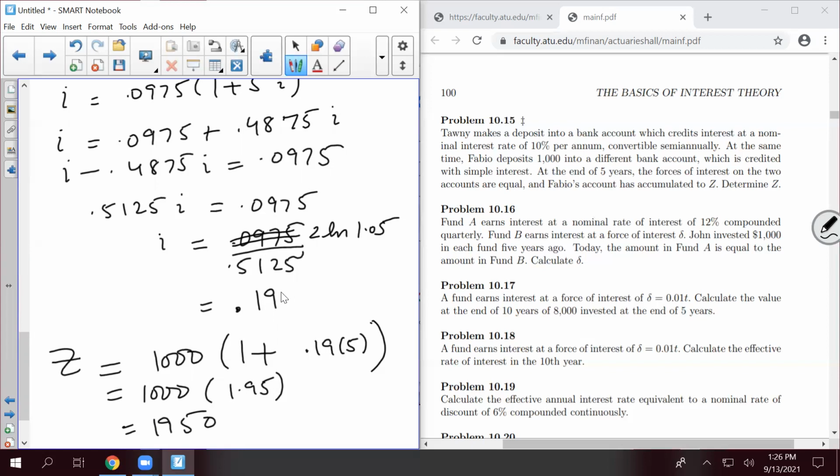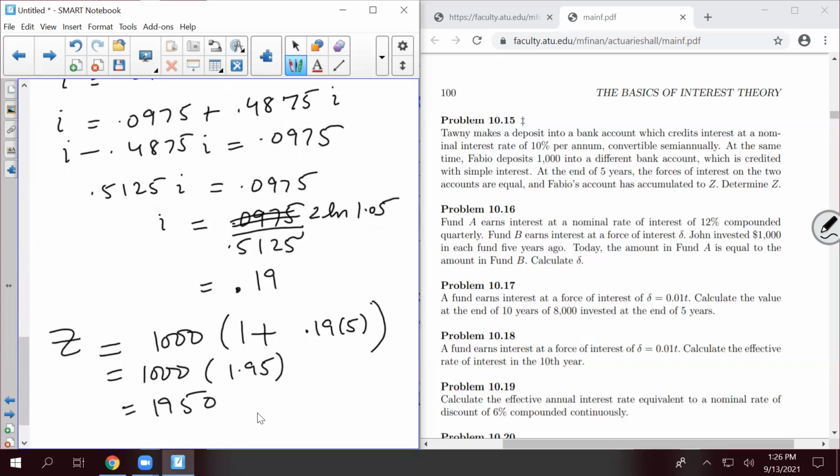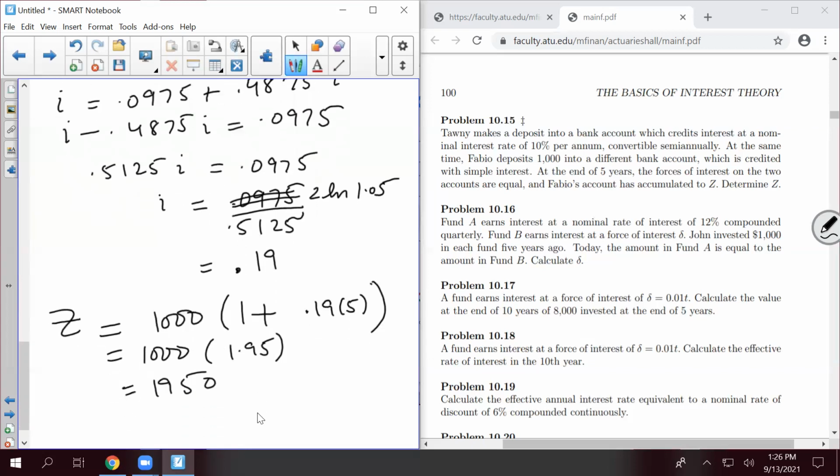Okay, 0.1904 times 5 is 0.9520, plus 1, times 1,000. 1952.00. Yeah, so you were off by 75 cents. You got 75? Okay.